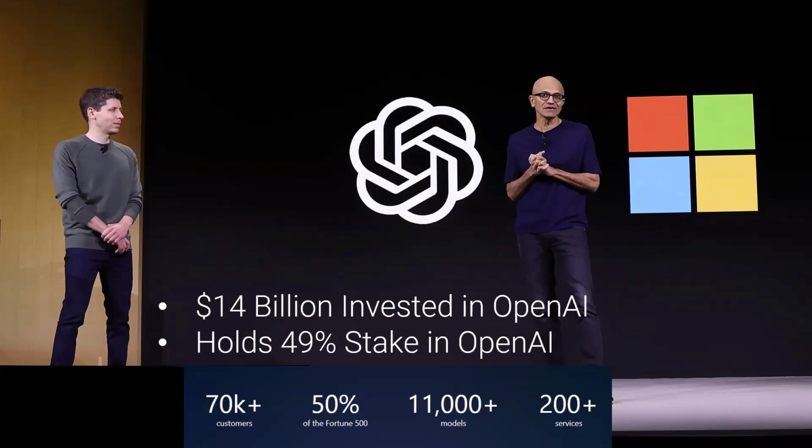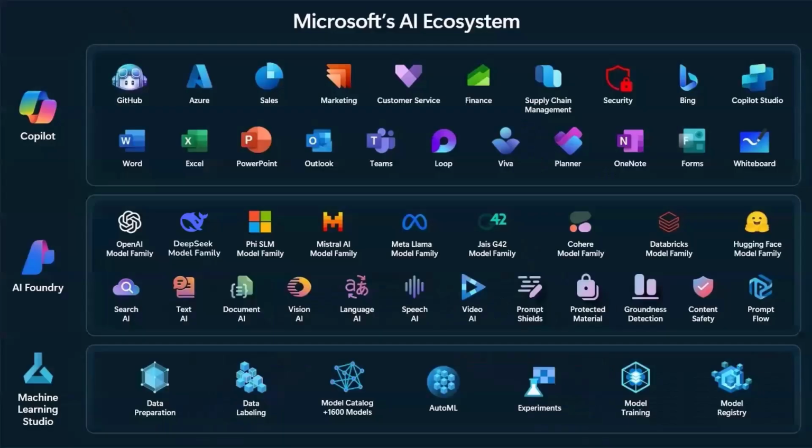Already Microsoft has so many products. They have GitHub Copilot, and Copilot for MS Office. Everywhere you will find Microsoft has so many implementations. Now they have created a platform as well. And if you look at the Microsoft AI ecosystem, just look at how Microsoft made a complete ecosystem around it.